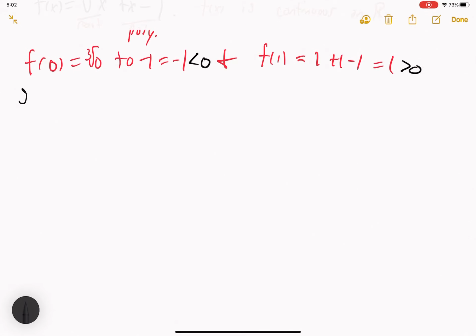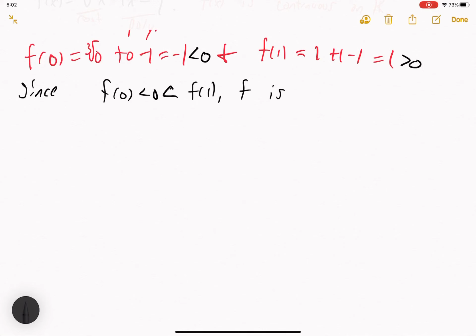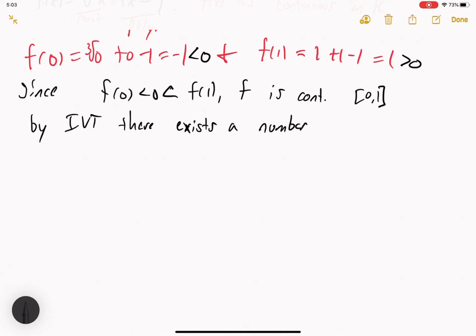So, since f of 0 is less than 0, which is less than f of 1, and since f is continuous on 0, 1, by IVT, we know that there exists a number C in 0, 1, such that f of C is equal to 0.